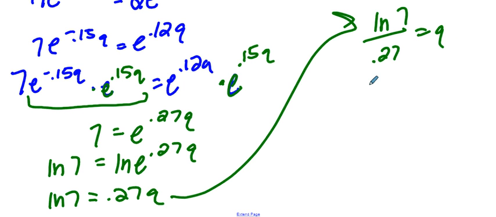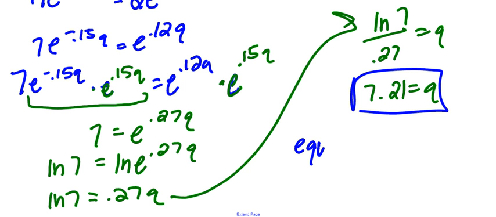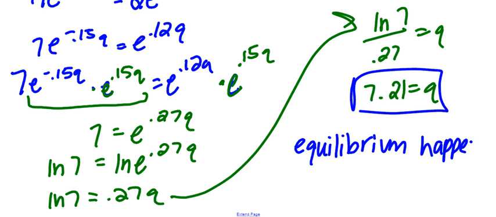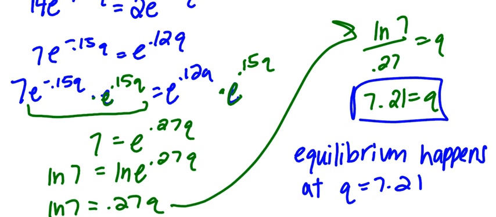And that is 7.21, we'll round to 2 decimals. So this is the quantity I should sell to make equilibrium happen. And this will also be the place where the maximum total surplus happens.